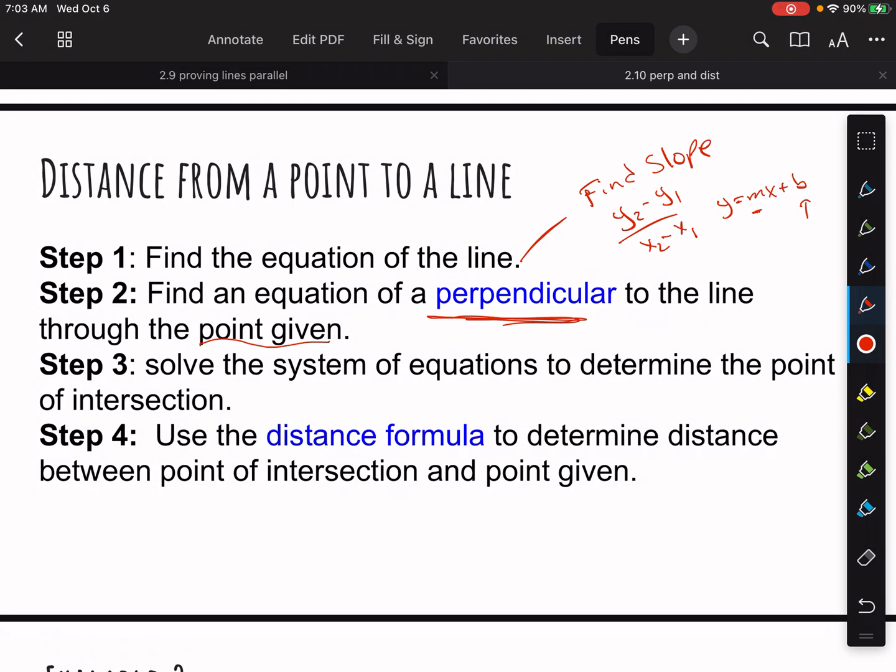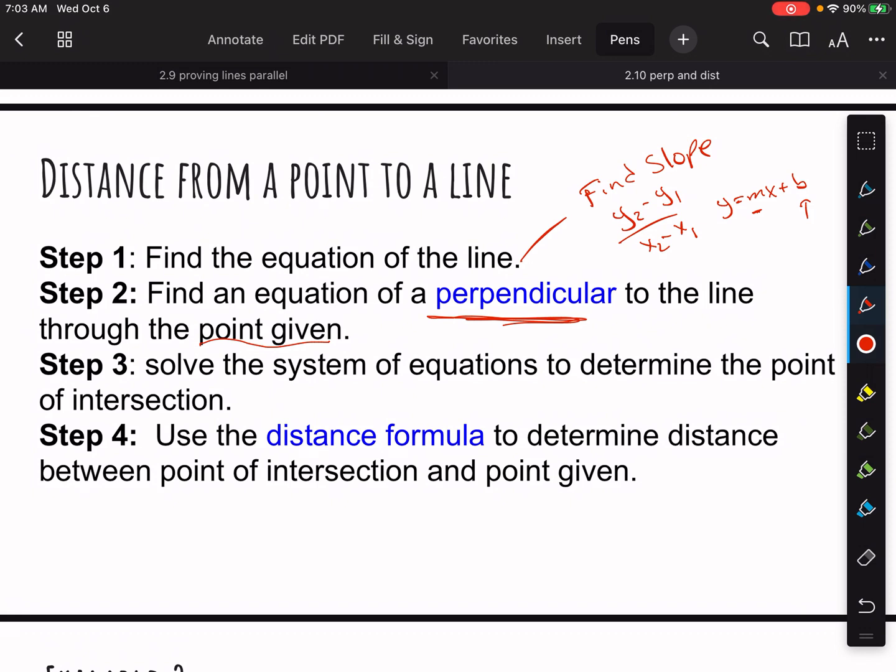So we're going to use our new slope and our new point to create another linear equation. So step 1, we're going to find a linear equation. Step 2, we're also going to find a different linear equation for the perpendicular through the given point. This is kind of pulling a lot together here, which is why I only give you a few problems. So I want you to really focus on this. Step 3, we're going to solve that system of equations.